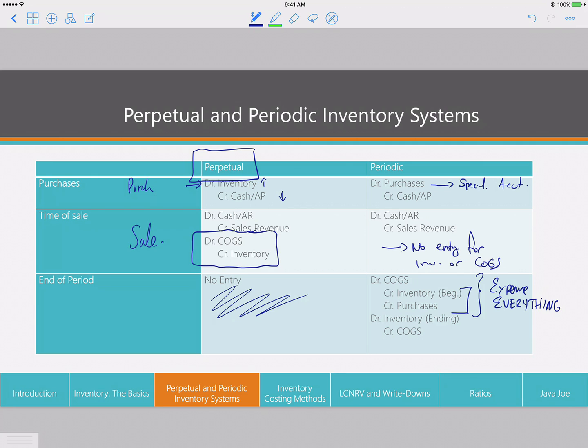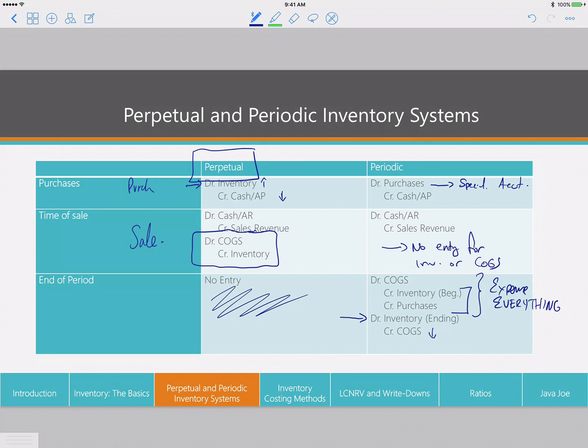We would then do our physical inventory count, and we'd figure out what was in our ending inventory. Once we've determined that, we would debit that amount, and we would decrease our expenses by that amount. So essentially, the assumption is you've used everything except for what you had left over at the end.